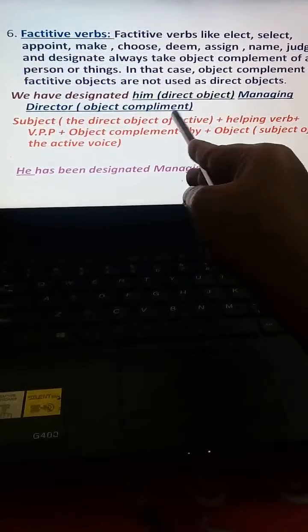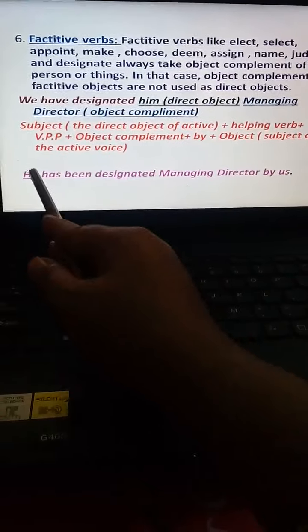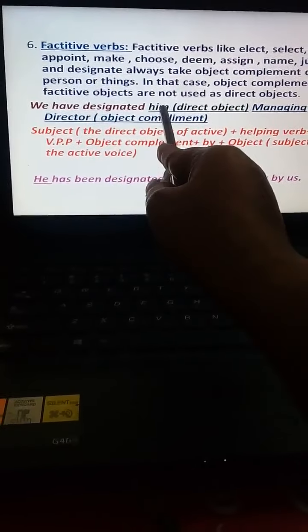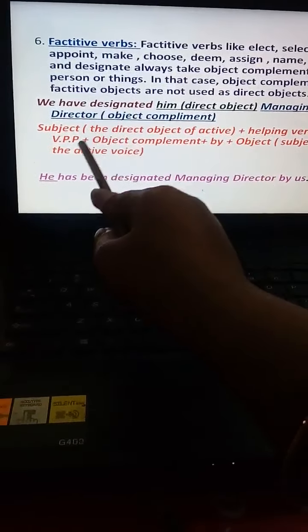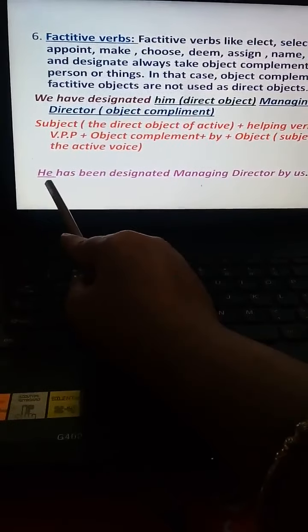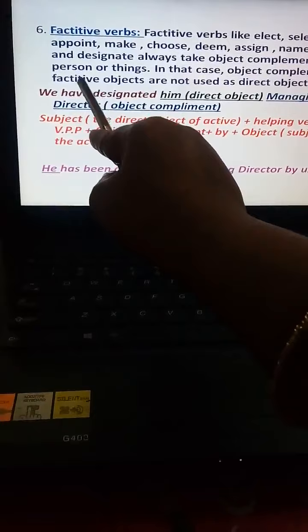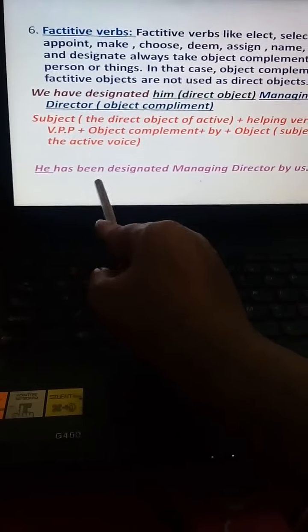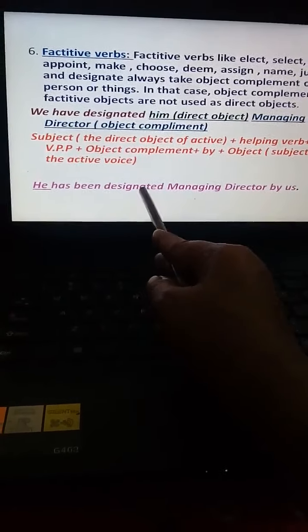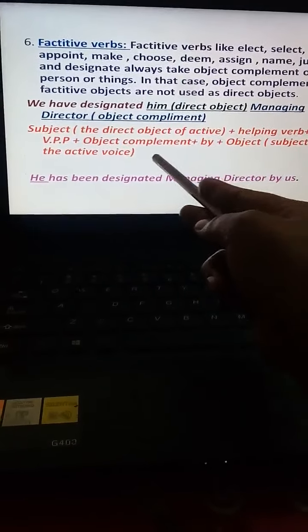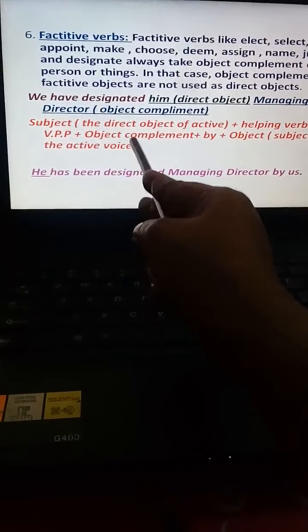So the passive form of this sentence, we have designated him managing director, is: He has been. So here the direct object him, its subjective form he, is used. He has been, as it is written in the present perfect tense. He has been designated, with designated as the past participle form of the main verb, then the object complement.